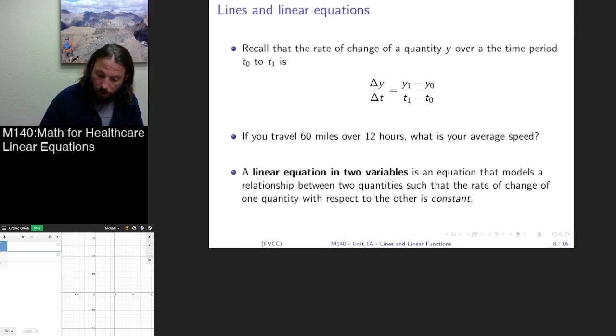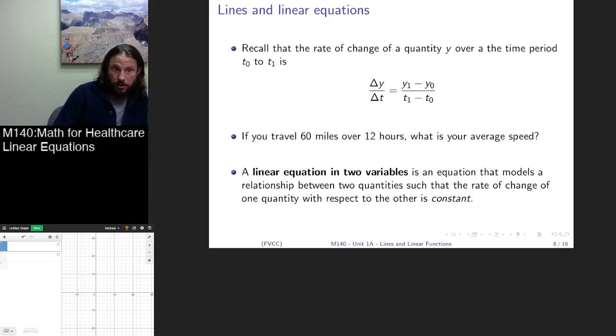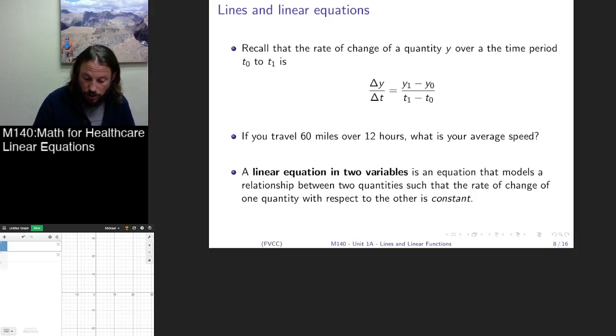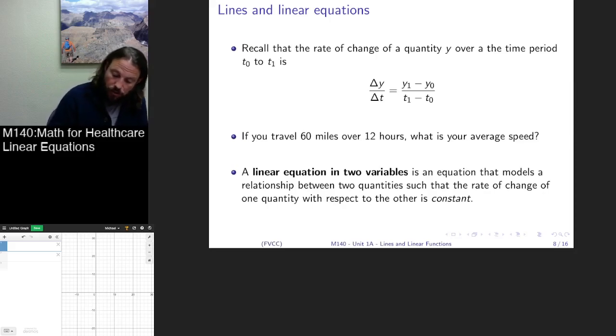Now let's recall, again, some slides here. Recall that the rate of change of a quantity y over time period t0 to t1 is the change in y over the change in t. So if you travel 60 miles over 12 hours, what is your average speed? Well, let's see. The change in y, you went from 0 to 60.